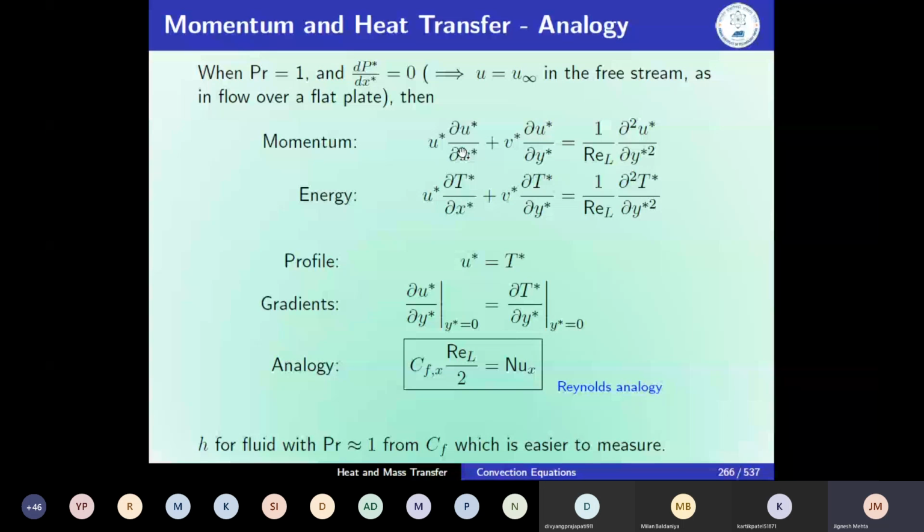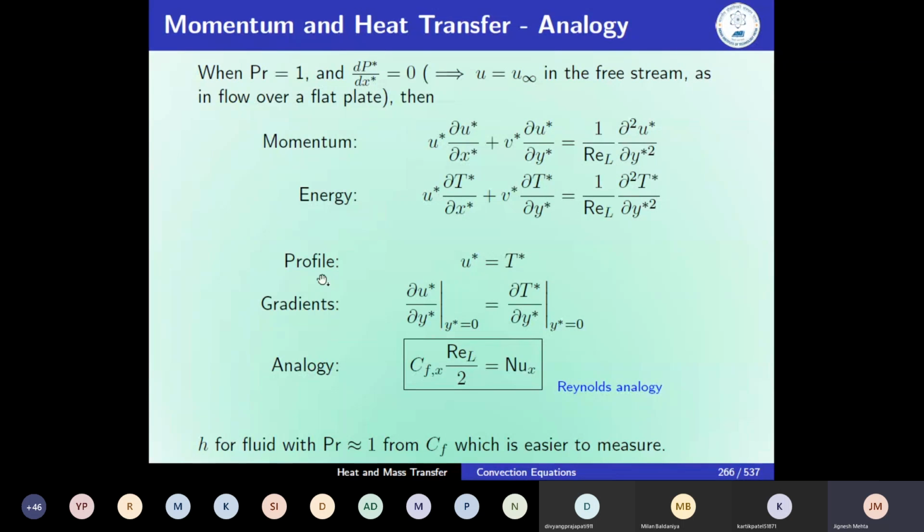So if you can relate CF and Nusselt number, then you don't need another set of experiments for getting the heat transfer coefficient. The same correlation that you got for CF, with modification, may be applied for Nusselt number.